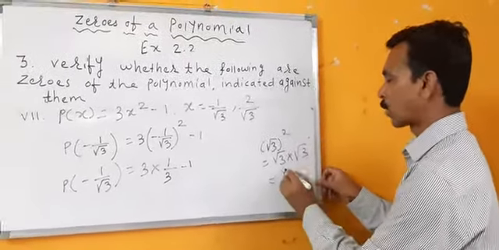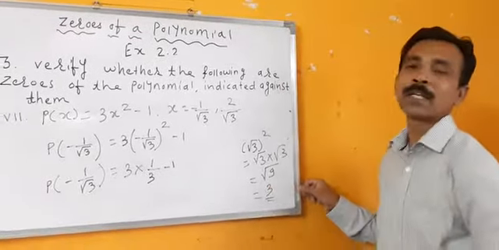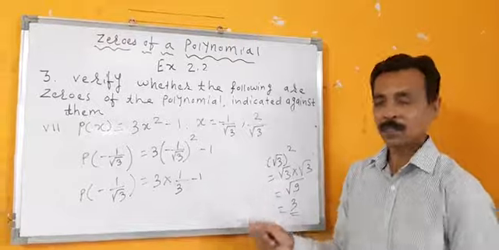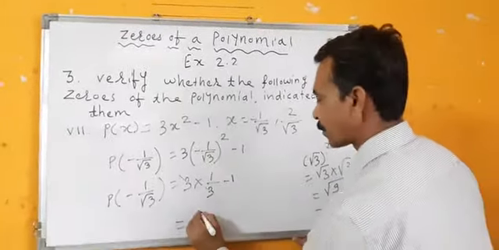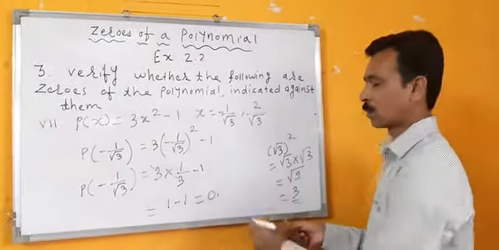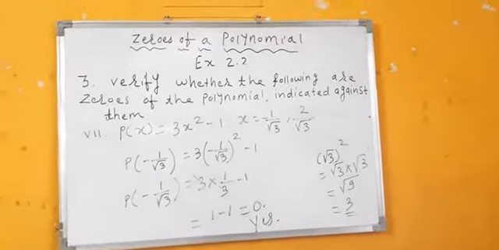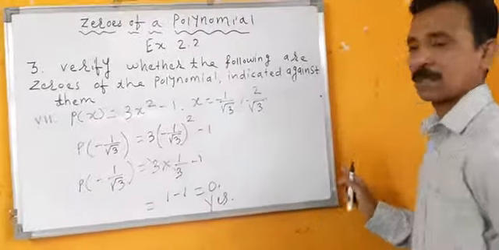Root 3 into root 3 is the square root of 9. What is the square root of 9? 3. Is it clear how root 3 square is 3? Now 3 gets cancelled, it is equal to 1 minus 1. What is the answer? 0. So what is the answer here? Yes. The answer is yes. Clear?